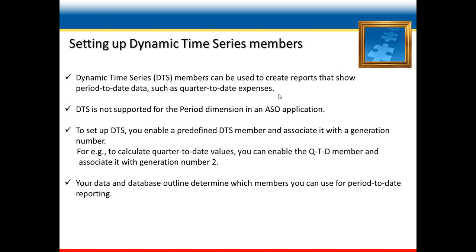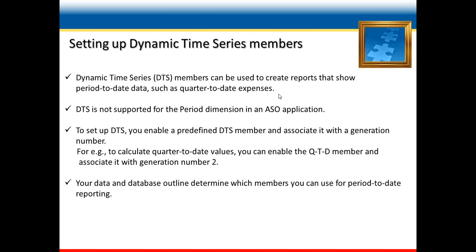DTS can be used to retrieve data from a particular time dimension member like quarter, month, or year, so year to date, quarter to date. There are 8 possibilities that DTS can make available in a planning application.